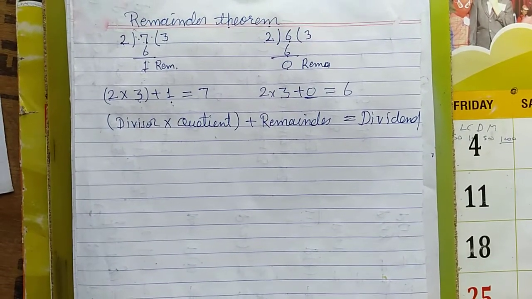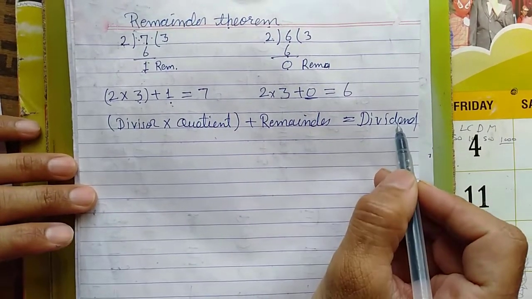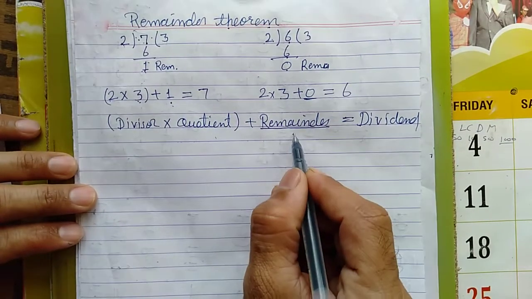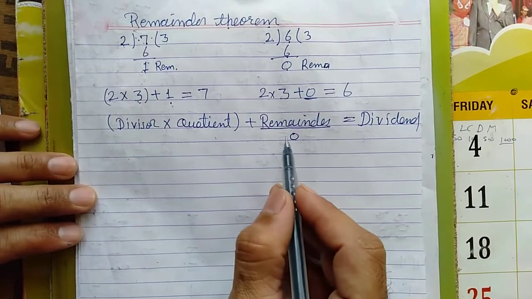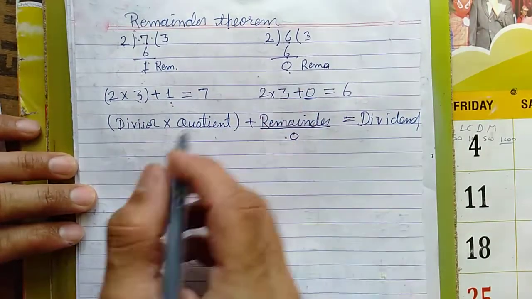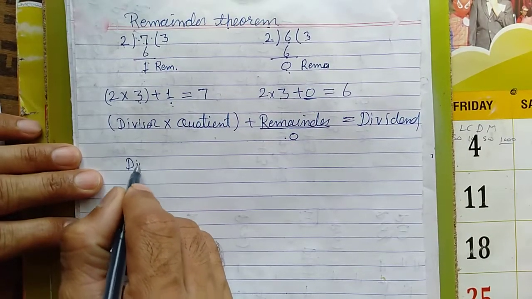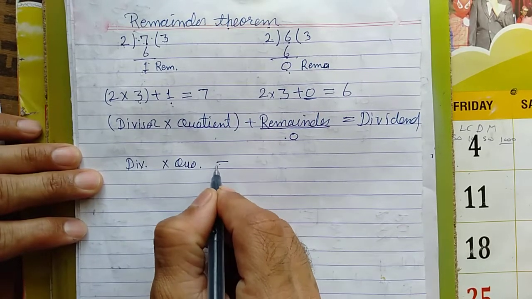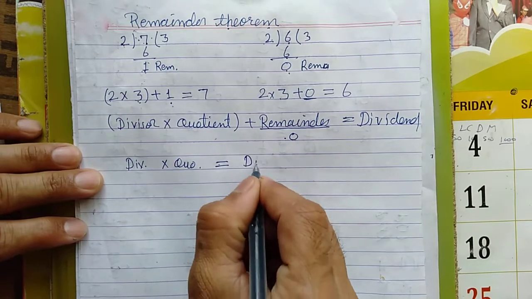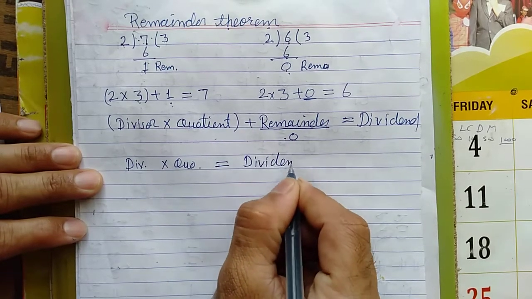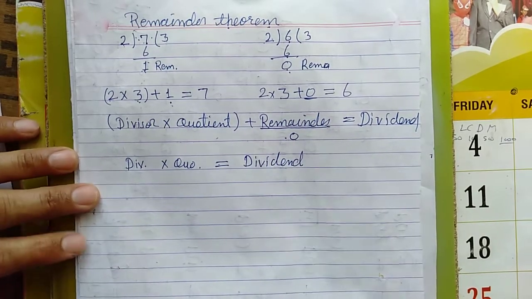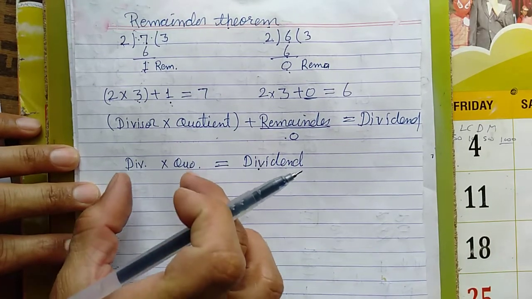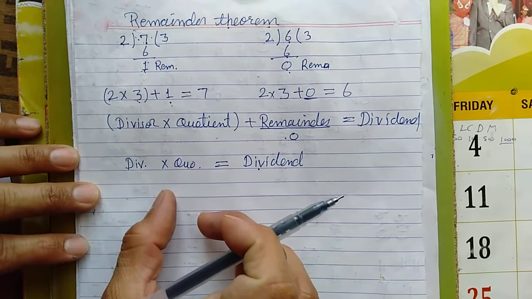Now see, suppose this remainder is 0. If the remainder is 0, like we got here, it means the divisor multiplied by the quotient will be equal to the dividend. It means this dividend is the product of the divisor and the quotient.